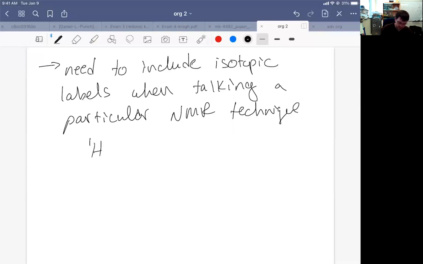For example, we put the 1H or the 13C, and that isotopic label can be seen by the atomic mass of the particular element. Okay, so those are the techniques that we're going to look at.